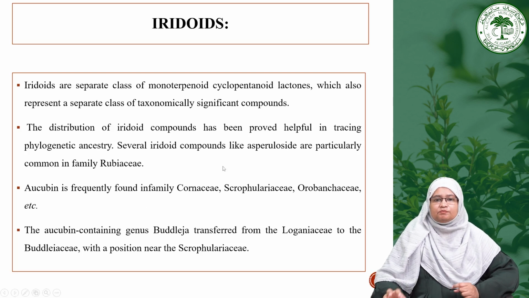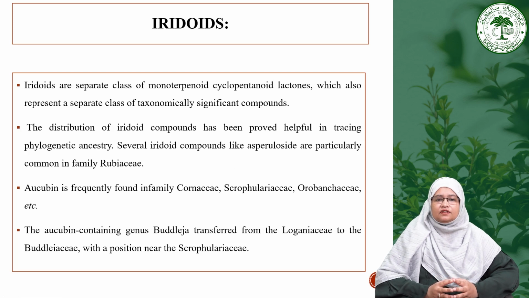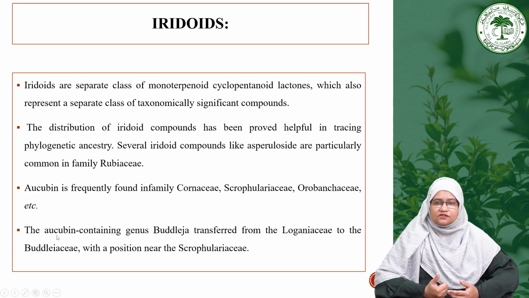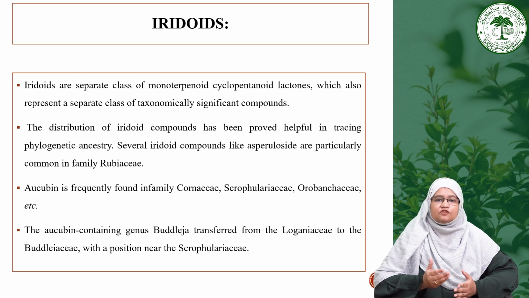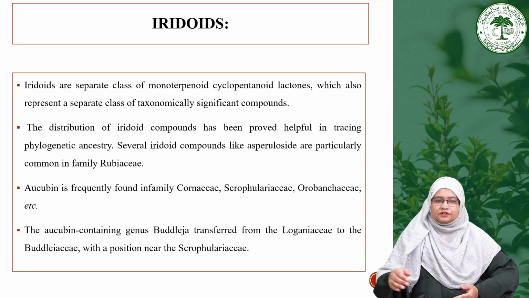Several iridoid compounds like asperuloside are particularly common in the family Rubiaceae, and aucubin is frequently found in the families Cornaceae, Scrophulariaceae, Orobanchaceae, etc. And the aucubin-containing genus Budleja was transferred from Loganiaceae to Buddlejaceae, with a position near Scrophulariaceae, due to the presence of this particular compound aucubin. So you can see here the presence of this compound is the supporting evidence for the transfer of Budleja from Loganiaceae to Buddlejaceae, near Scrophulariaceae.